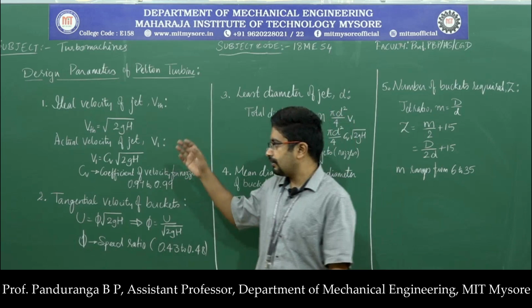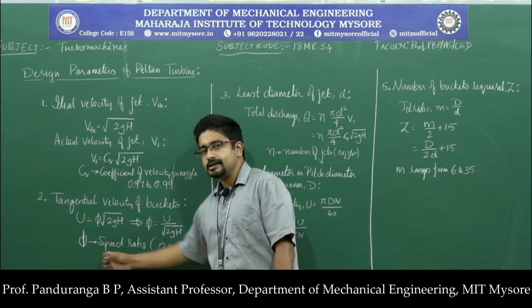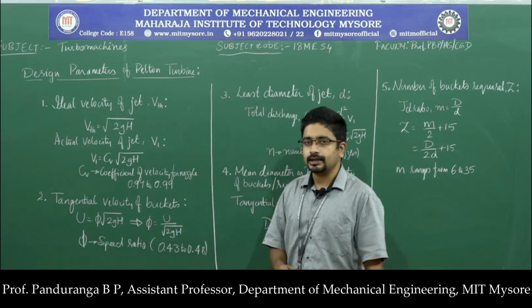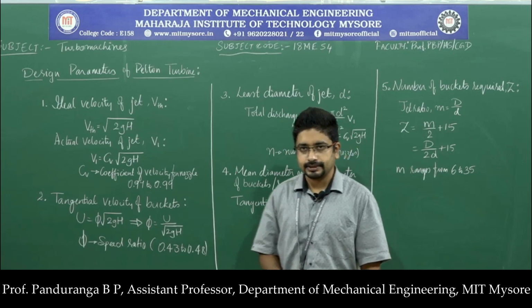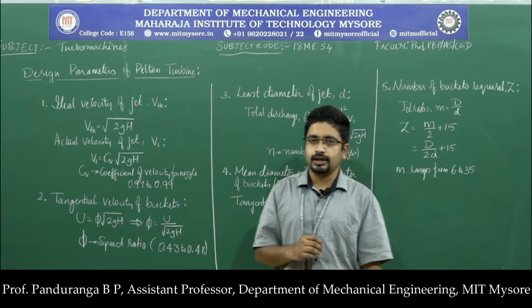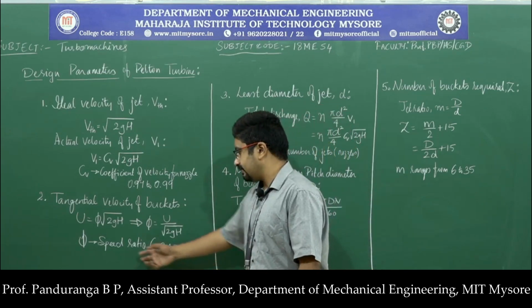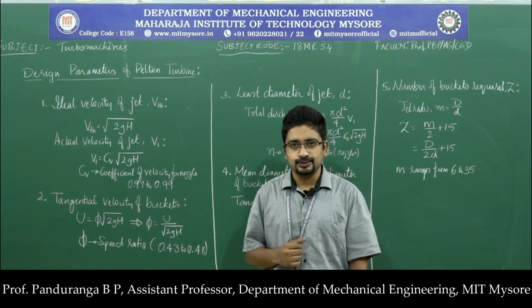We will be using all these formulas while solving the problem, where phi is the speed ratio and that will be in the range of 0.43 to 0.48. In the derivation we have seen that the condition for maximum hydraulic efficiency was that phi was equal to 0.5, or 1 by 2.